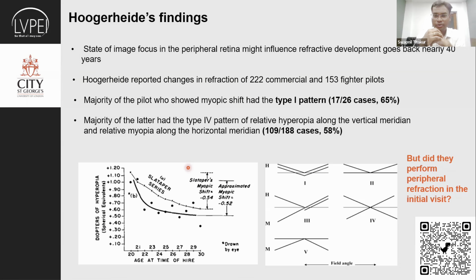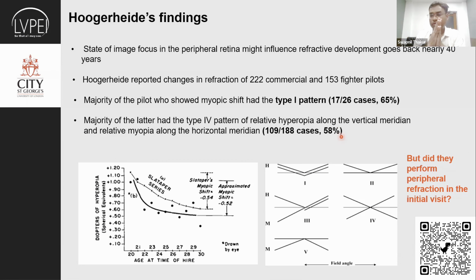What Hoogerheide observed is that the majority of the pilots who showed a myopic shift had the type 1 refractive error pattern, where both meridians have relative peripheral hyperopia, which was 65% of the participants. He also observed that the majority of the participants had the type 4 pattern, which is relative peripheral hyperopia along the vertical meridian but relative peripheral myopia along the horizontal meridian, which was 58%.